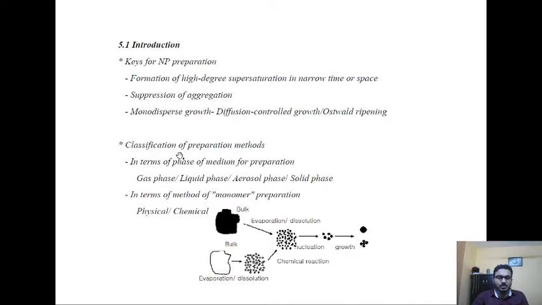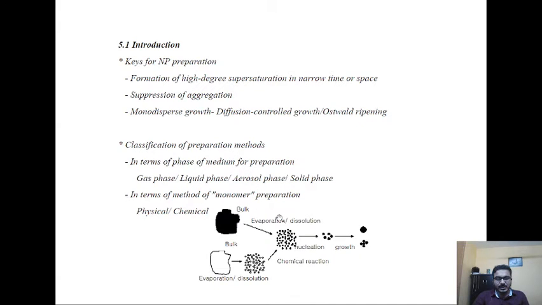Classification can be on the basis of phase of medium for preparation, that it can be gas, liquid, aerosol or solid. And the second way of classifying it is in terms of method of monomer preparation, and it can be physical or chemical.